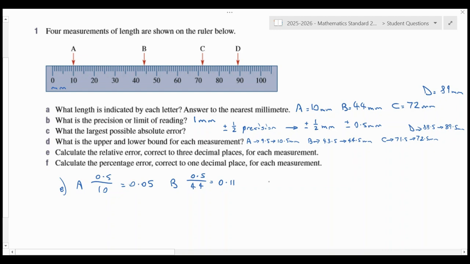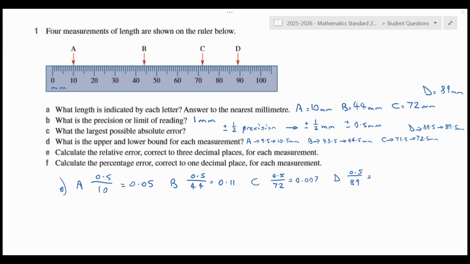These are relative error. So C, we've got 0.5 over 72. And for D, we're going to have 0.5 over 89. They've all got the same absolute error, so all we're doing is calculating the relative error by dividing it by what our measurement was. So 0.5 over 72 to 3 decimal places will be 0.007.